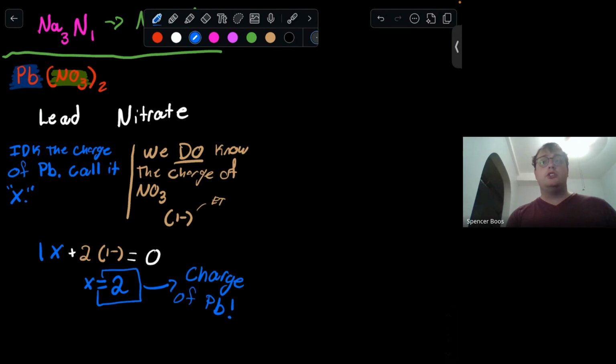If we don't know what charge it has, then we could say it's Pb(NO3)4 instead of Pb(NO3)2. So we showcase this by using Roman numerals. Lead(II) nitrate.